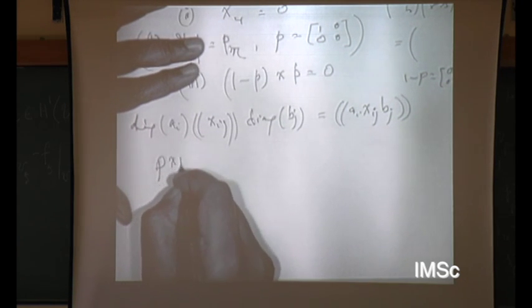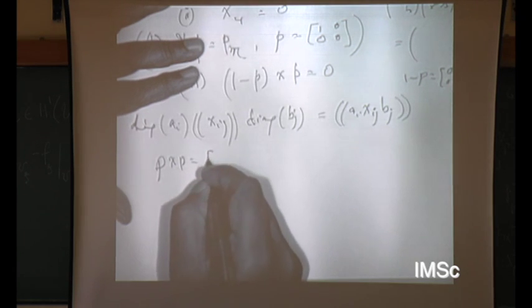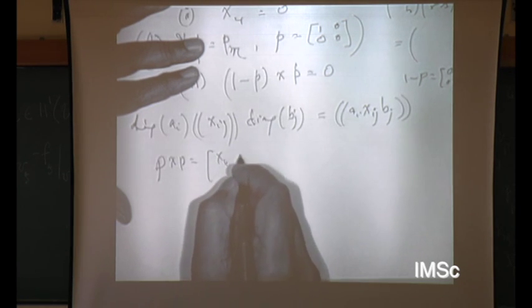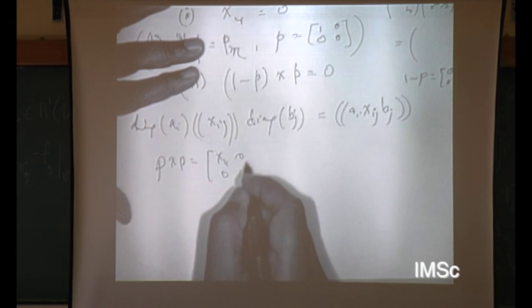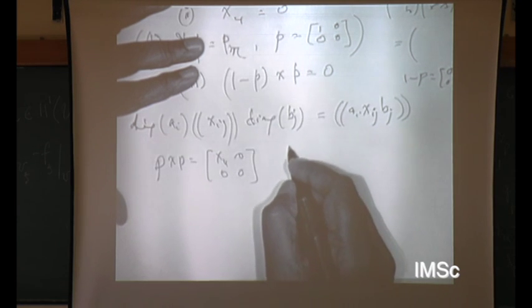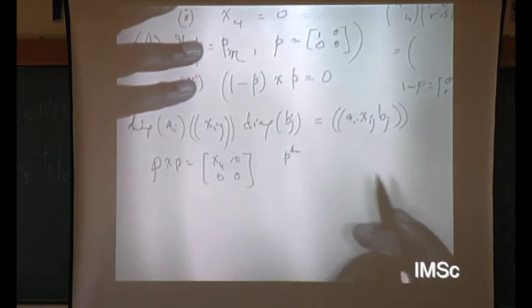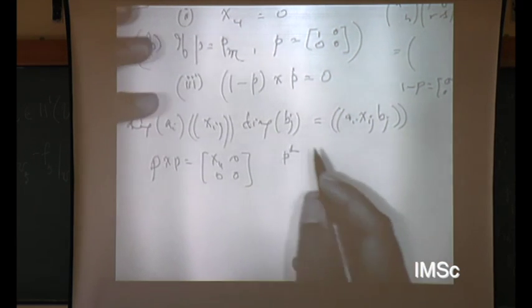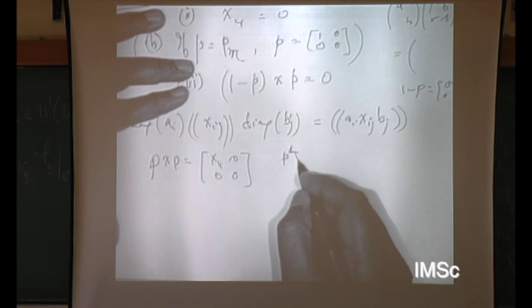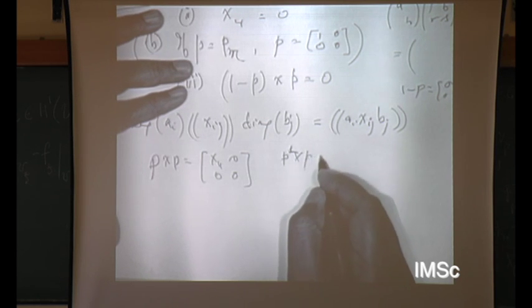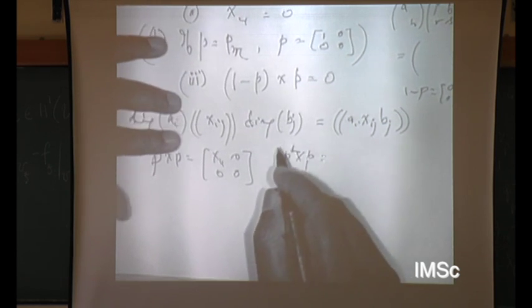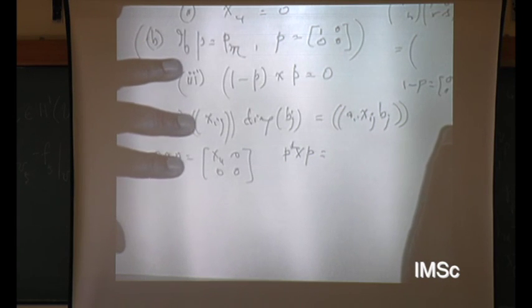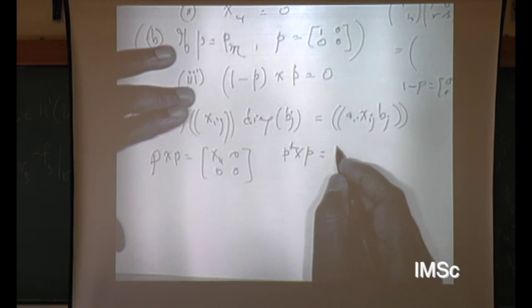Notice that PXP is just x11, 0, 0, 0. P perp XP will be, this is the one in the second spot, this will be x21.